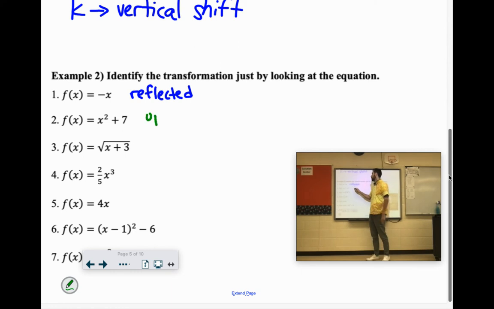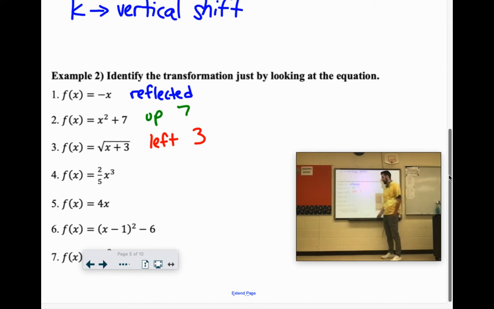So that would go up 7. Now, square root 1, it's grouped in it, so it's kind of like they're in parentheses. If it's grouped inside the square root, that is the horizontal shift. So it says plus 3, which means we're going to go left 3.